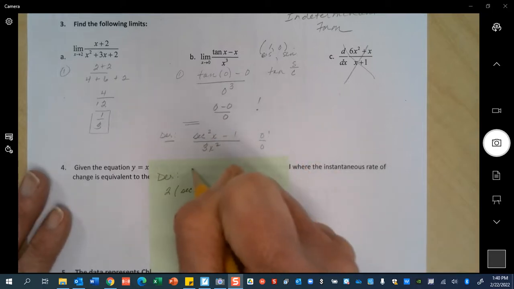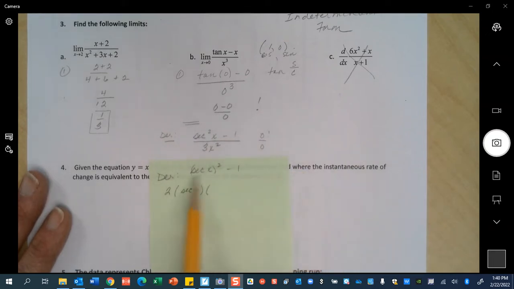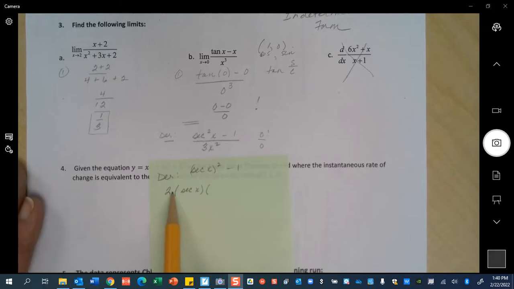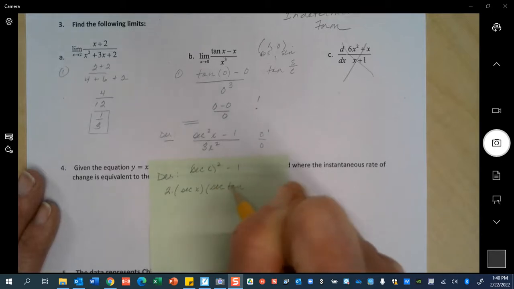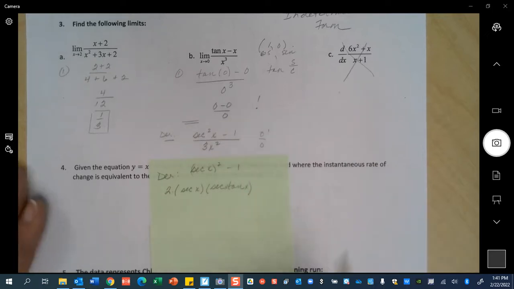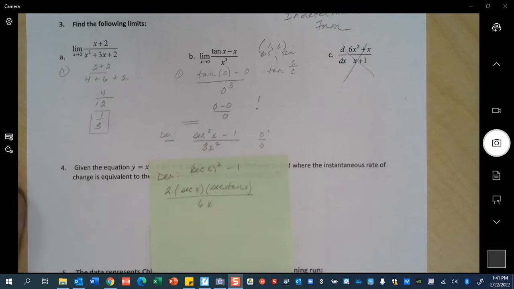Because isn't this the secant of x squared minus 1? Right? And the derivative of secant, check out the back, is secant times tangent. Secant of x times tangent of x. And that 1 goes away, which puts me at 6x to the first power. Uh-oh.